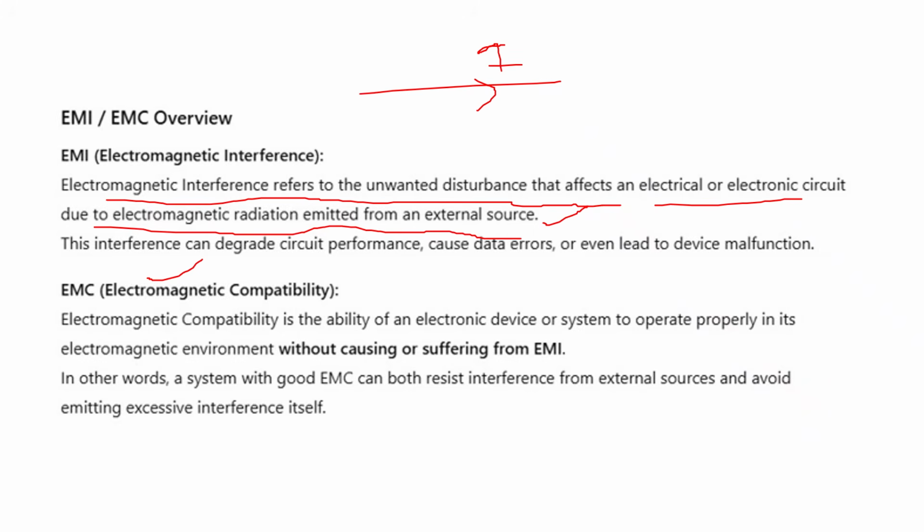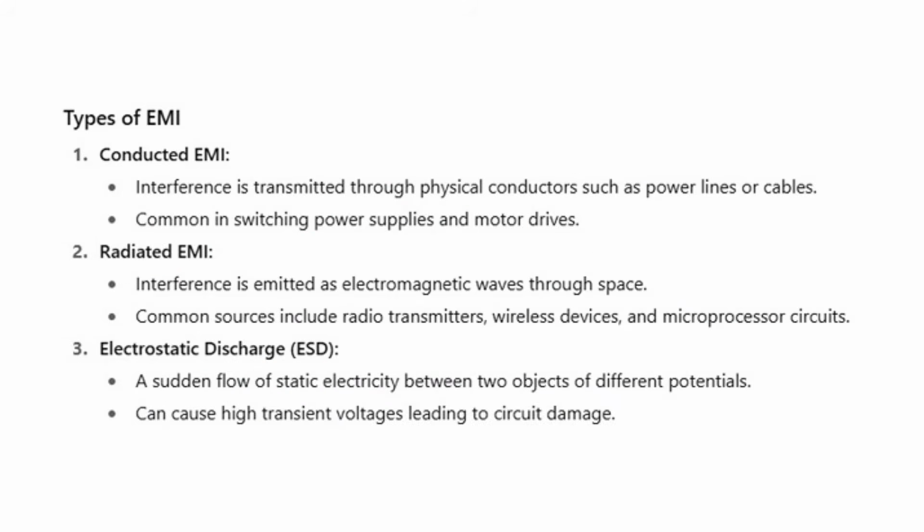EMC, electromagnetic compatibility, is the ability of an electronic device or system to operate properly in its electromagnetic environment without causing or suffering from electromagnetic interference. That means how your device can work without electromagnetic interference.